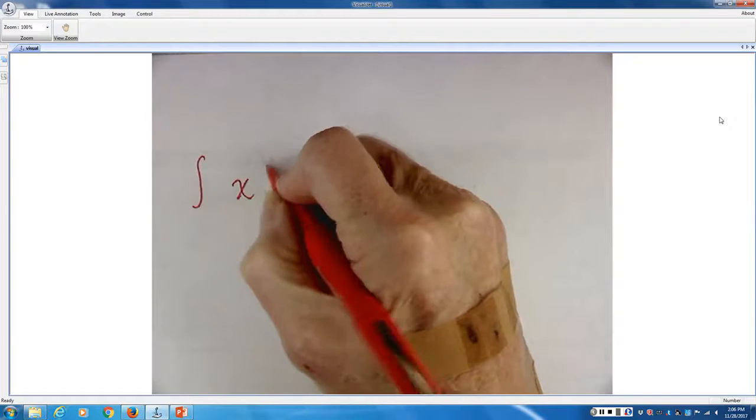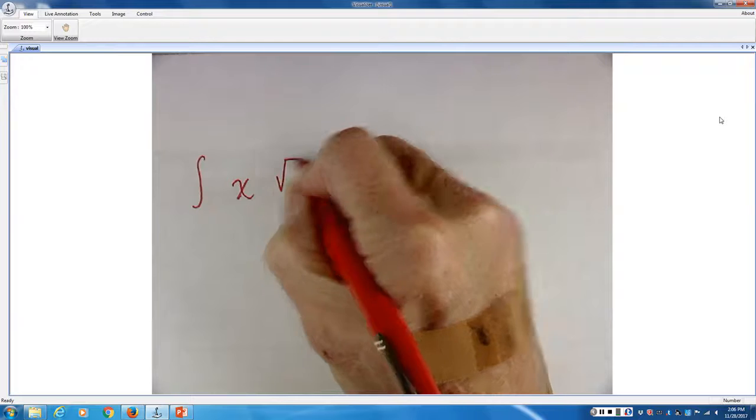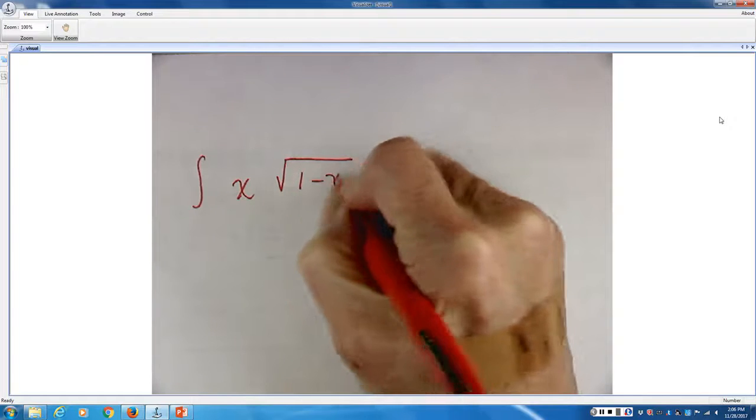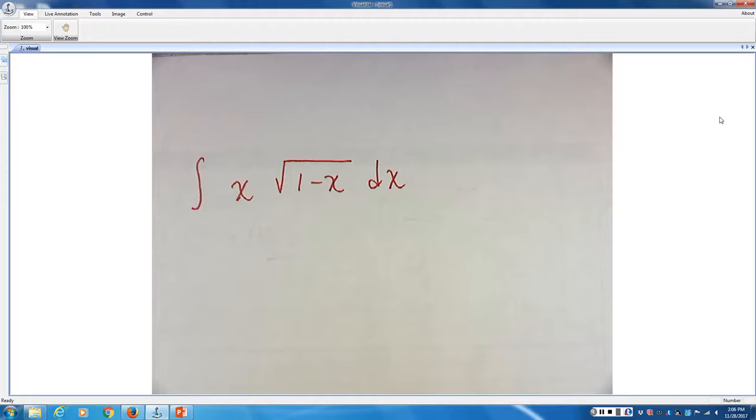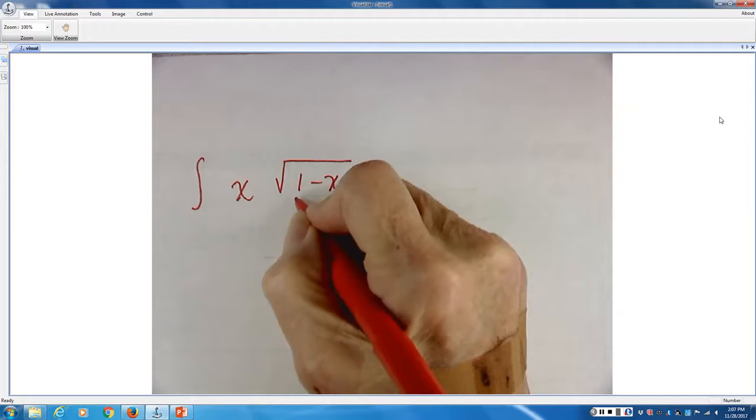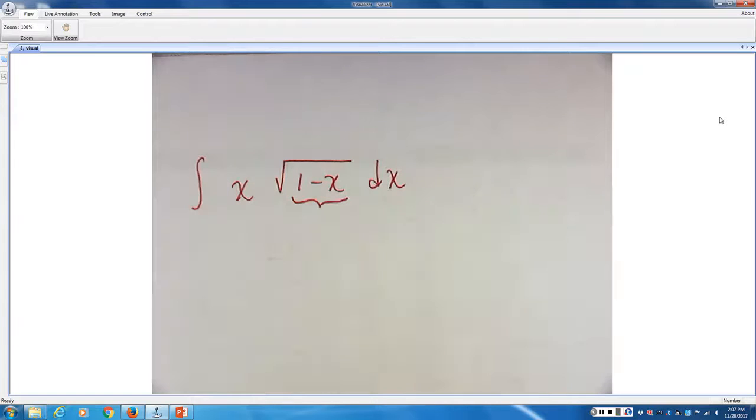So we're trying to take the integral of x times the square root of 1 minus x dx. And we're trying to figure out a way to have u. Let's go back to Scott's idea that this is u.